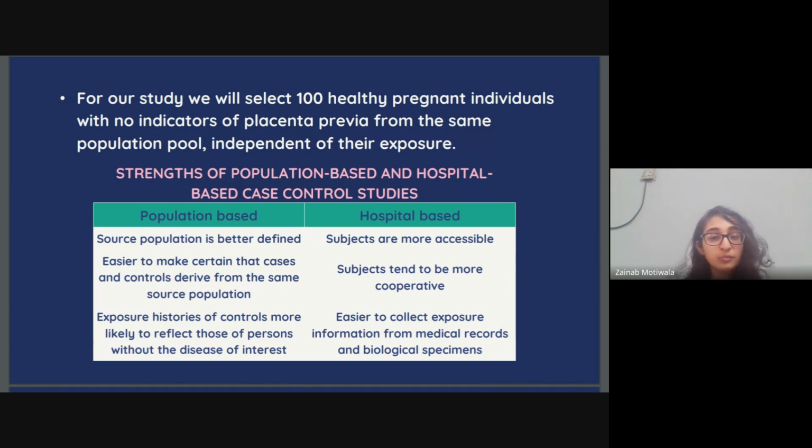At the same time, exposure histories of controls are more likely to reflect and be similar to the cases. Whereas with hospital-based controls, these subjects are more accessible, more cooperative, and more likely to participate in the study. And it is very easy to collect exposure information from medical records and biological specimens.